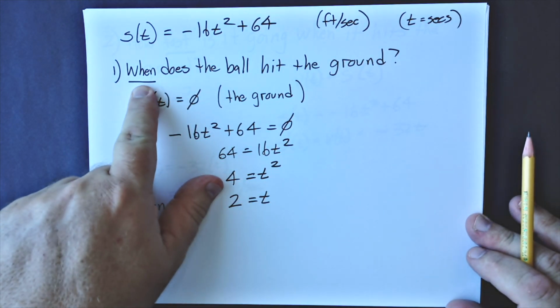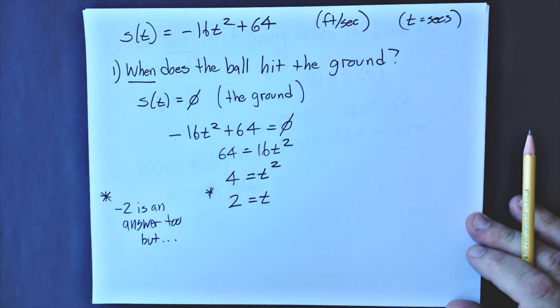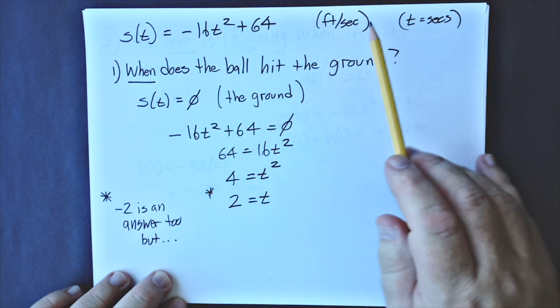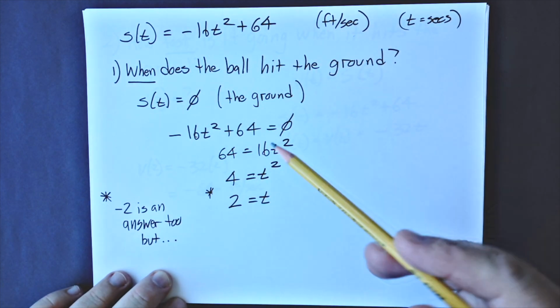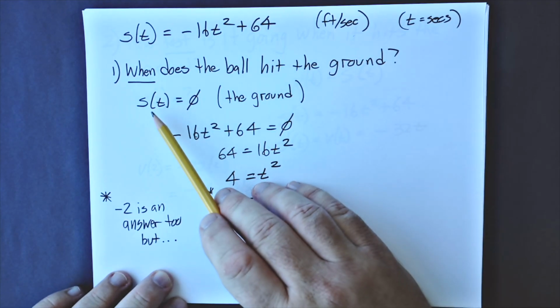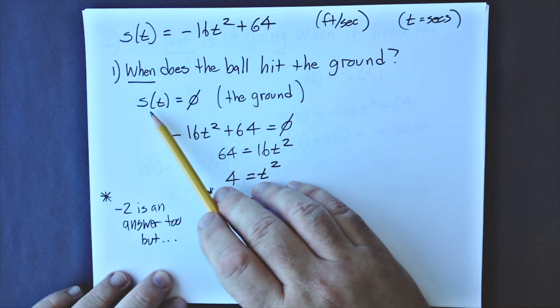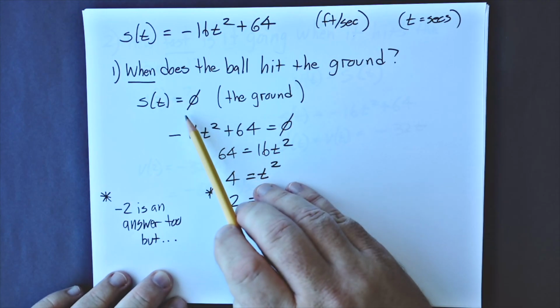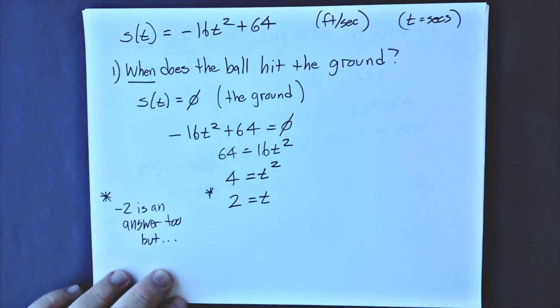So I'm asking for a time answer. When does the ball hit the ground? And this is given in feet per second. So t is some value in seconds. And so what we're going to solve for is this. I want to know, when is the position of the object at zero? Because we're saying that zero is ground level.